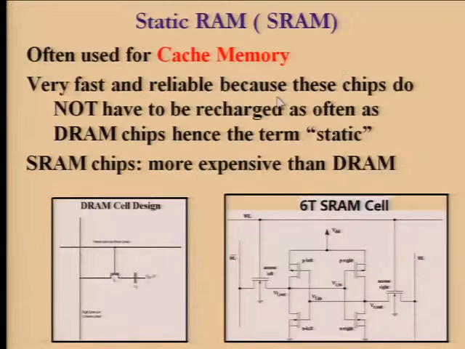Okay, next we move on to another group, the static RAM. Static RAM is important because we want to talk about cache memory, a big topic. SRAM, or static RAM, is typically used for cache memory, and it is very fast and also reliable because these chips do not need to be recharged.